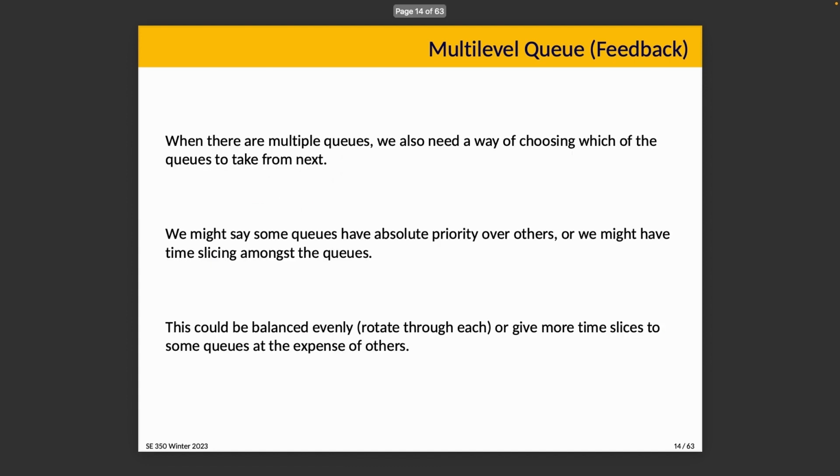It could be balanced evenly. We could give more time slices to things at the beginning. Let your imagination run wild, so to speak, because there are a lot of options for what we could do and how it would all work. All right, everything we've talked about so far, you could apply a piece of it to the multi-level queue kind of system.